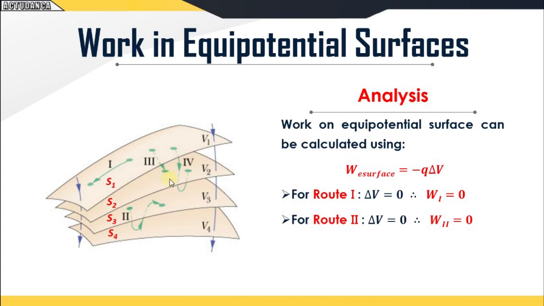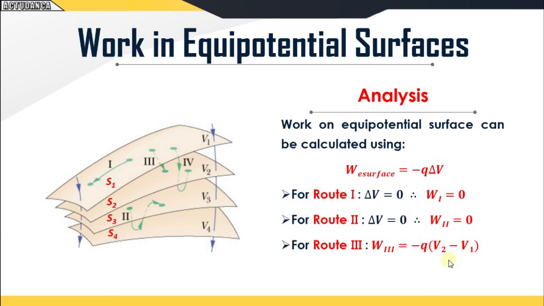Nasa magkaibang plane na sila and magkaiba na rin ang kanilang potential, meaning there is potential difference. Now, the resulting work will be the negative Q multiplied by the potential at surface 2 minus the potential at surface 1.